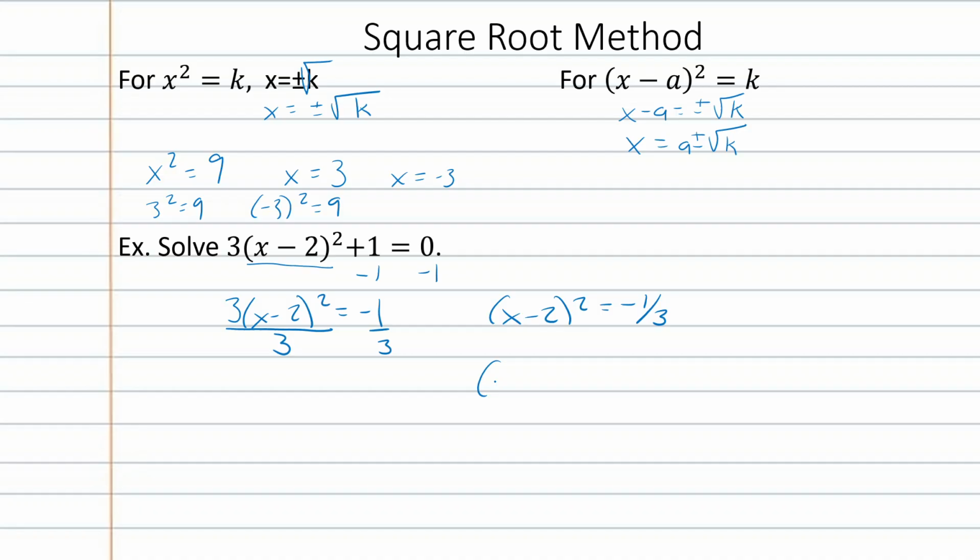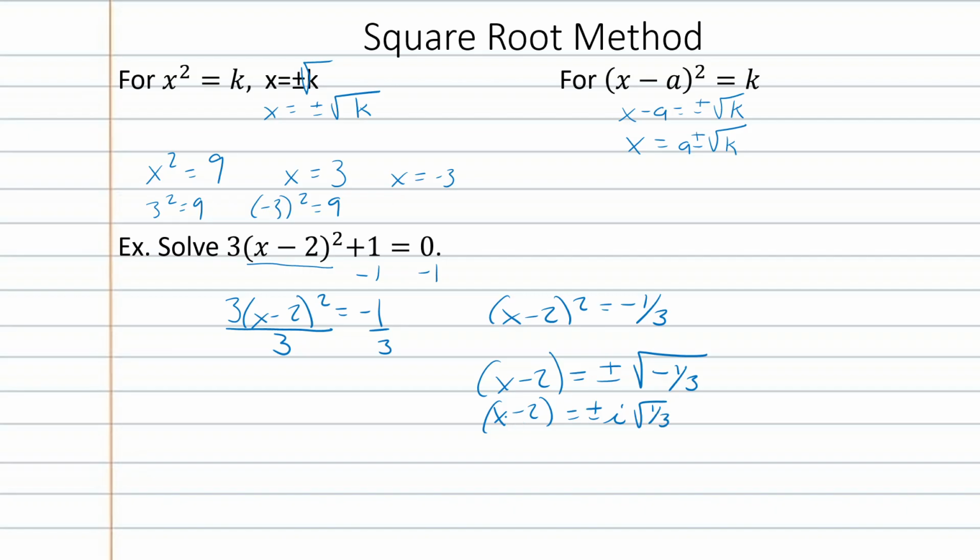So here, this x minus 2 would equal plus or minus the square root of negative 1/3. Following me? Now, we have dealt with negative square roots at this point, right? That's the only reason I don't hesitate here, because we know how to handle a negative square root. It's when the i term comes into effect, correct? So technically, this is x minus 2 equals plus or minus i square root 1/3.